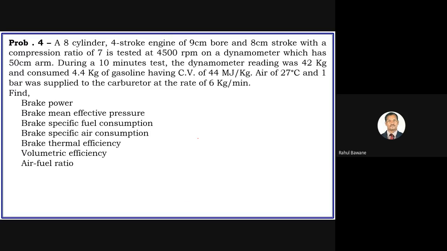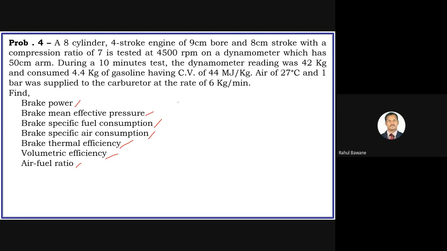Now the next question, where we have to find out a lot of data: brake power, brake mean effective pressure, brake specific fuel consumption, brake specific air consumption, brake thermal efficiency, volumetric efficiency, and air fuel ratio. This is also a university question.